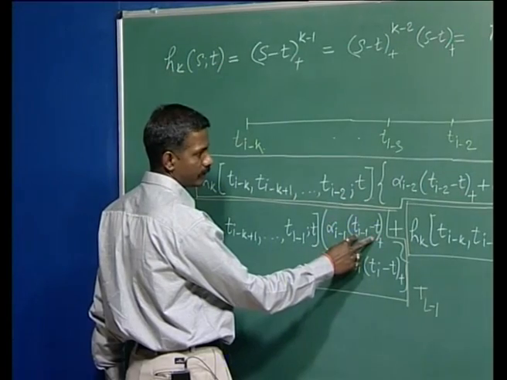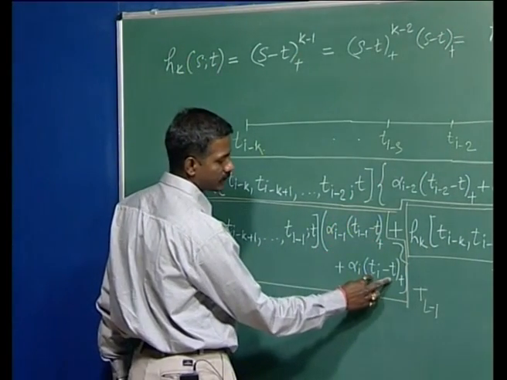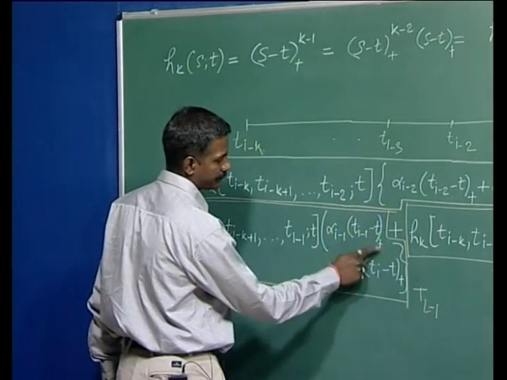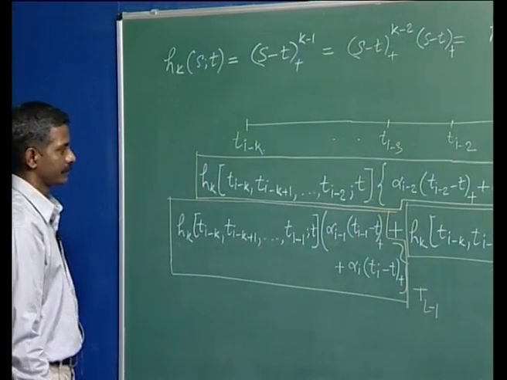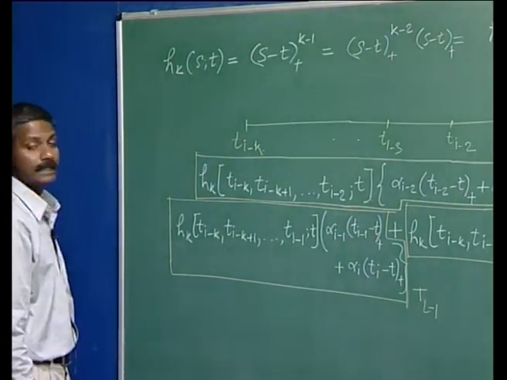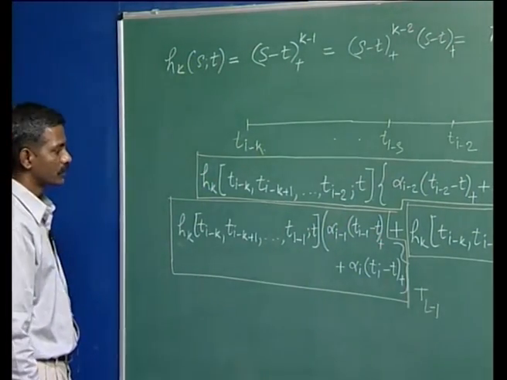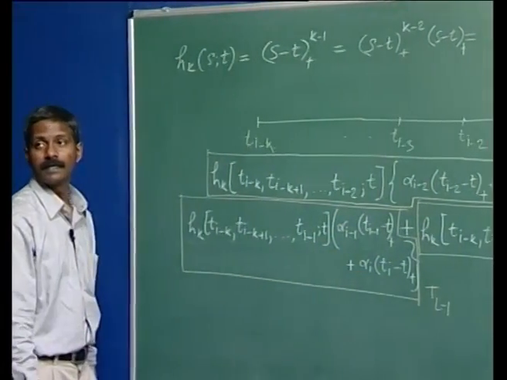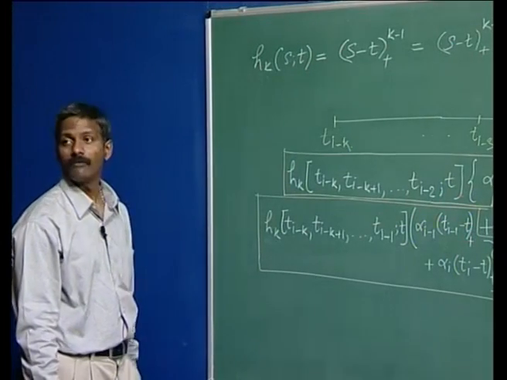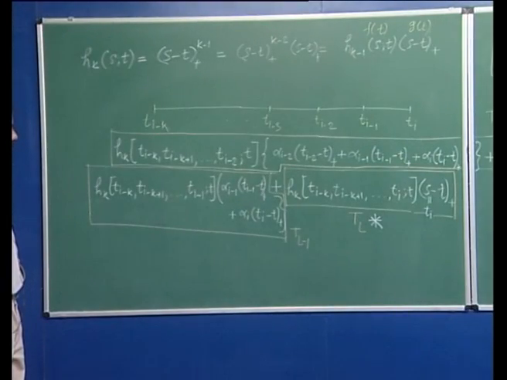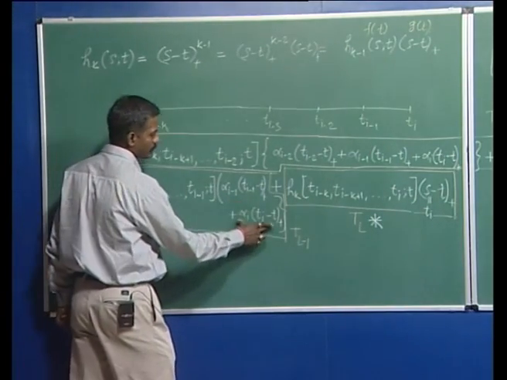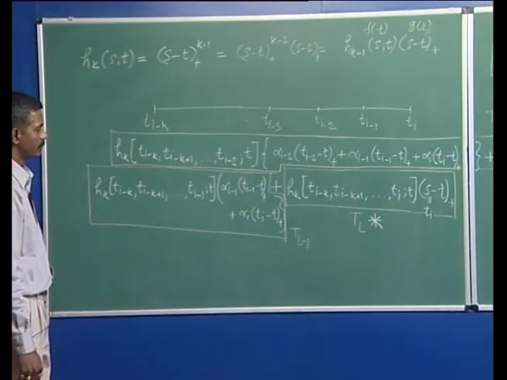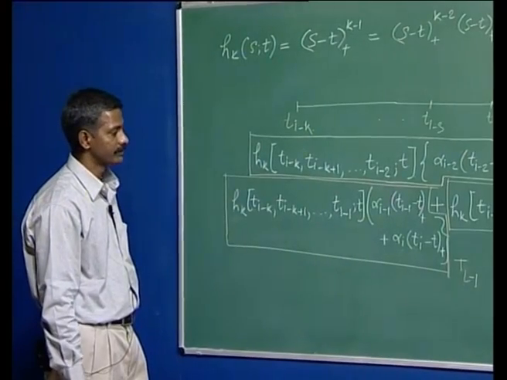This term here is positive. This term here is positive. So I can drop the truncated sign. The second thing, and a very important thing that you would want to notice, is that this term actually corresponds to the first divided difference of a linear pure polynomial.